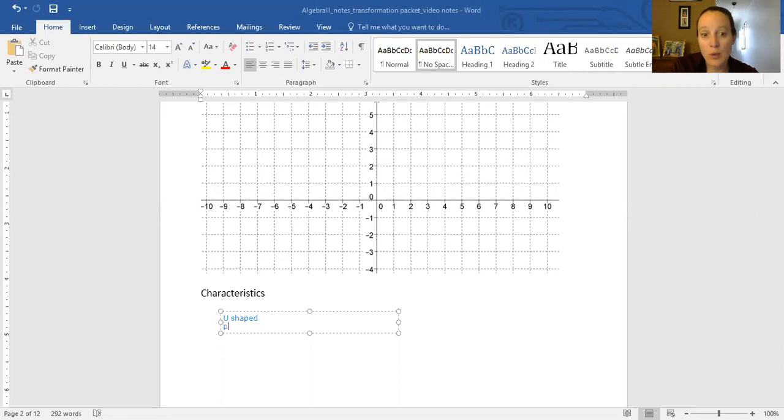We know that this points up. It has a vertex at 0, 0. Critical points at negative 1, 1 and 1, 1. Those are those kind of things that I want you to think about.